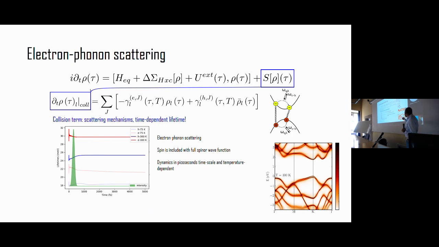In this figure, the dotted lines are the electronic structure, and the orange is the real width of your particle. Because your particles, electron and hole, have a finite lifetime, they can scatter to other states.